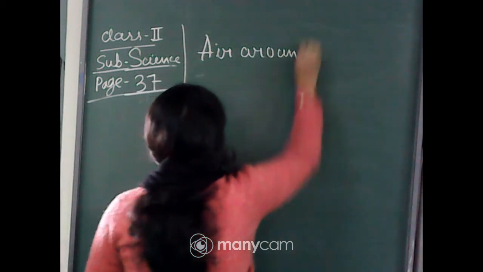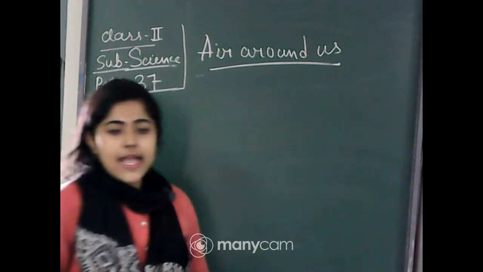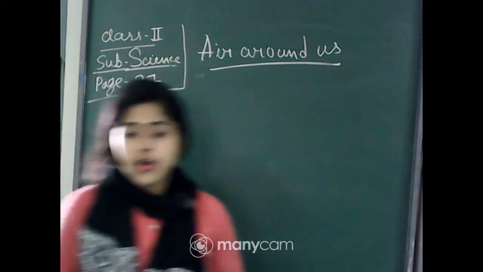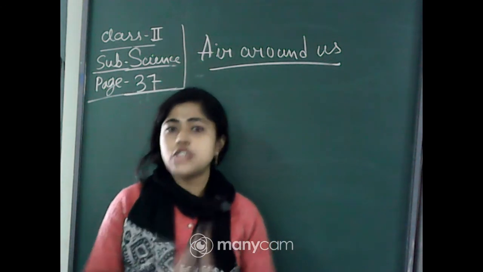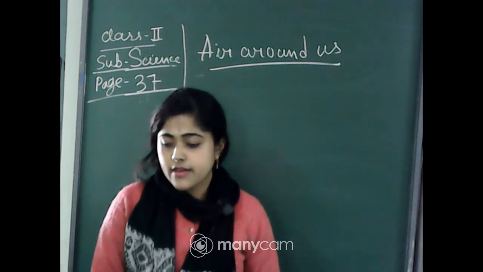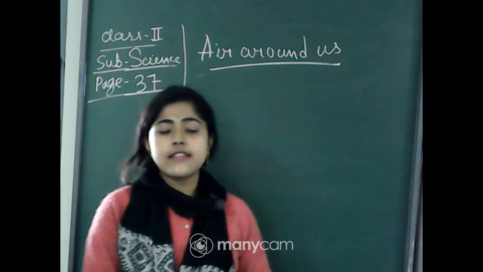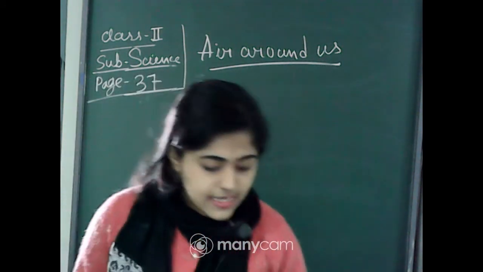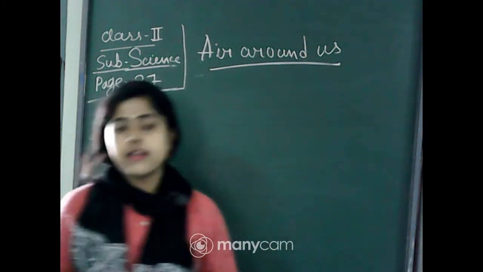This chapter we already started to discuss, and we have almost completed it. We already got to know that air has dust in it, air has germs in it, and air has smoke in it. So today we will discuss breathing fresh air. Breathe fresh air. So we learned that air has too many germs and there is smoke.